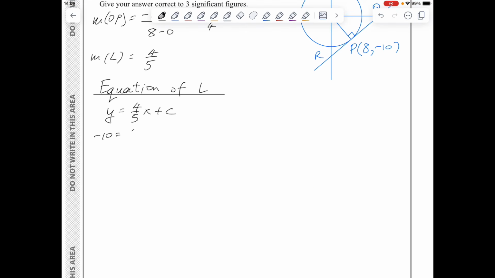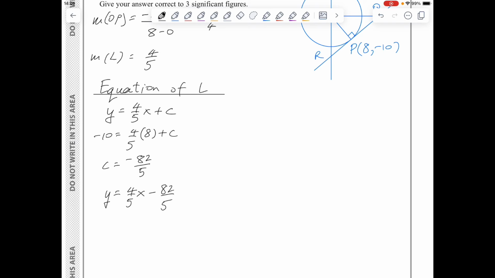Minus 10 equals 4 over 5 times 8 plus c. If you solve for c, you get a value of minus 82 over 5. So the full equation of line L is the following: y equals 4 over 5 x minus 82 over 5.